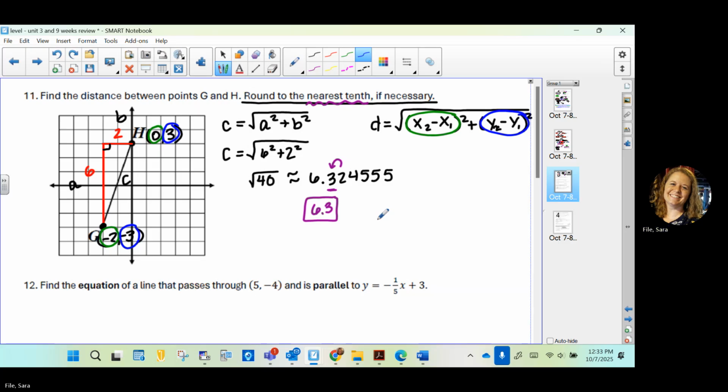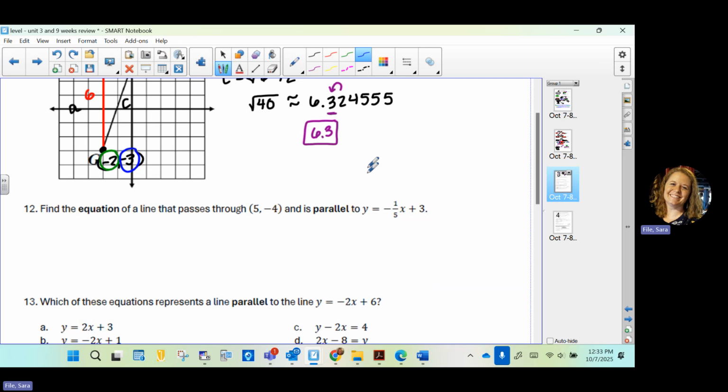All right. Number 12 says, find the equation of a line that passes through 5, -4 and is parallel to this line. So this line is in slope-intercept form. So what part of this is your slope of this given line? Y equals -1/5 x plus 3.